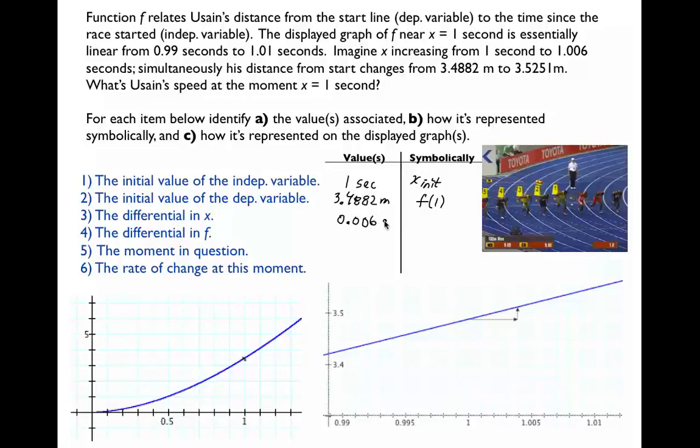Units on that? Seconds. Okay, symbolically: yep, good. I heard dx. Students will so commonly say d of x. It's not d of x, but I heard dx. That's right, dx.